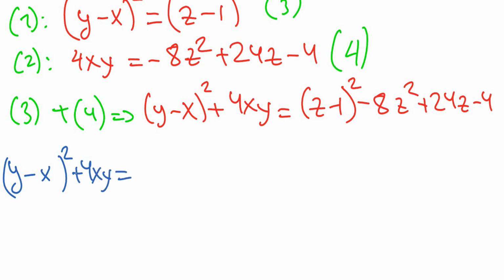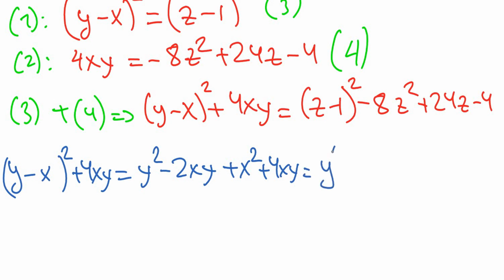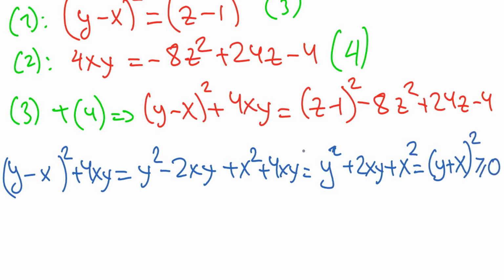Now if I expand the first expression, then I will get y squared minus 2xy plus x squared plus 4xy, which is equivalent to y squared plus 2xy plus x squared, which is equal to (y plus x) to the power of 2, which is always greater or equal than 0.